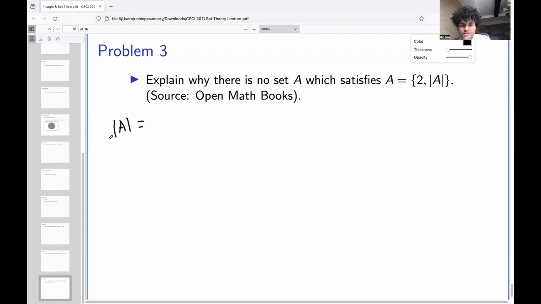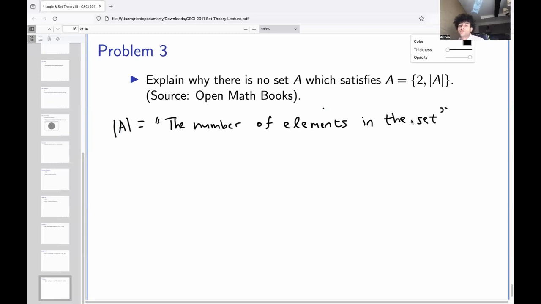The cardinality of a finite set in particular is the number of elements in the set. Of course, for sets with infinite numbers of elements, this is a more complicated concept, but that is something which we're going to leave for later.